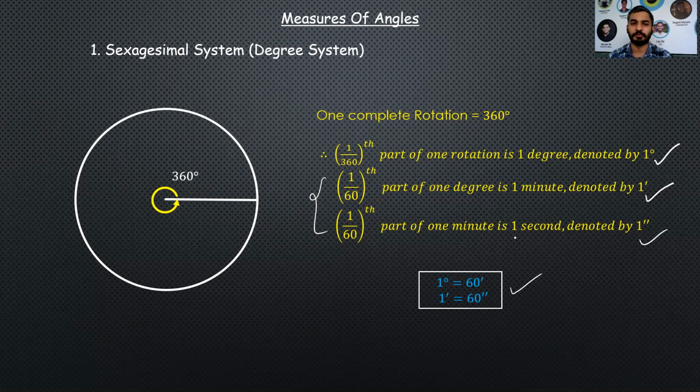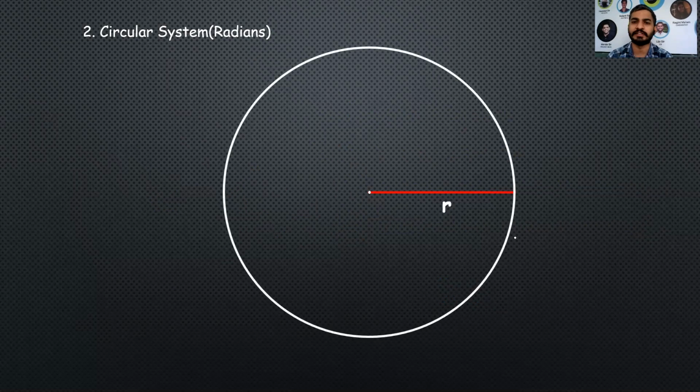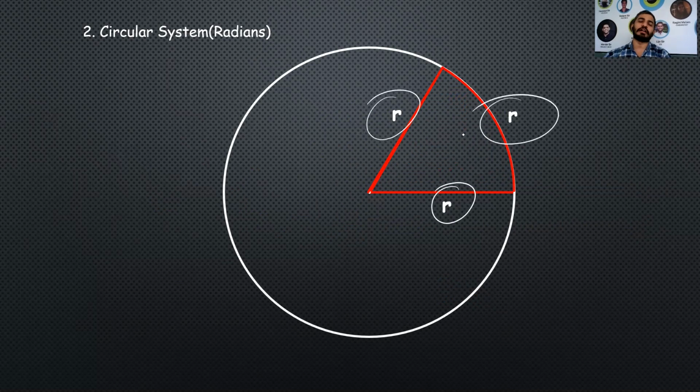But there is one more system to measure an angle. That is the circular system, also called radians. Now, what is the circular system? Suppose I take a circle of radius r, and I draw an arc of length r, as you can see in the diagram. Everything is r.